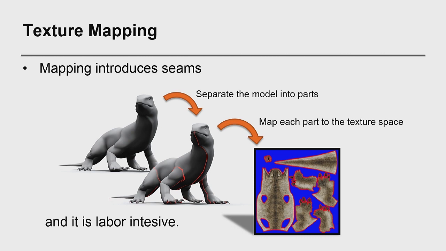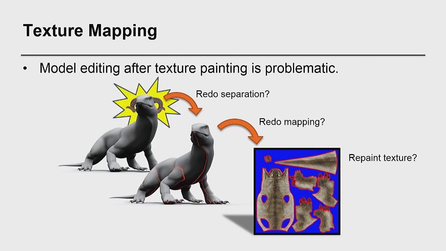And because it's labor-intensive, if you go back and realize you needed to modify your model in some way, you may have to redo this mapping. This makes the modeling iterations quite complicated. Or if you realize you need more resolution at some point, you may have to go back and change your mapping, right?